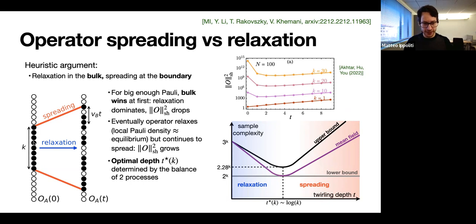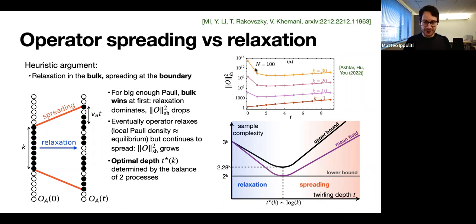So wherever you are, there's some probability of spawning an identity. And for a sufficiently big segment, for a sufficiently large K, the bulk process is going to win at the start. So if you roughly take a derivative of the weight, it's going down with a bulk term and up with a boundary term. It's going to become negative for a sufficiently big Pauli operator.